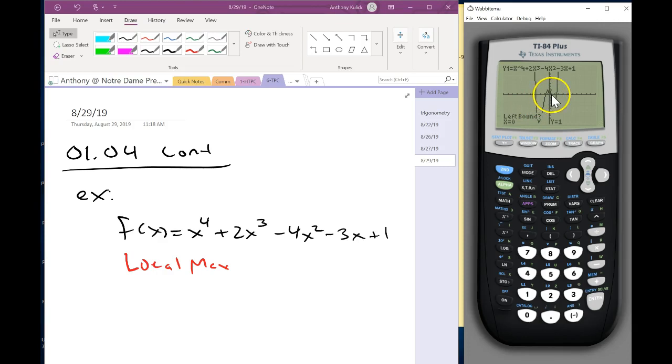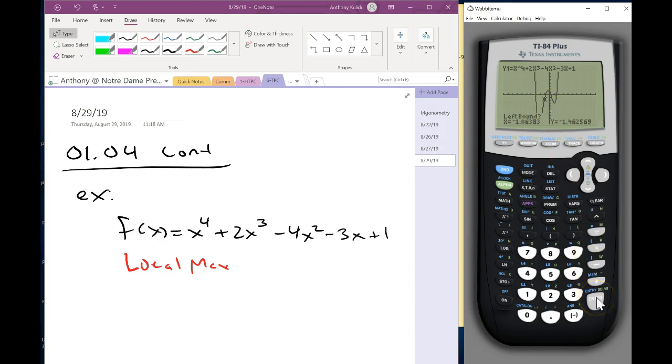You see my cursor has popped up here right where my arrow is. There's a little flashing cursor. It's kind of hard to see. I'm just going to use the left arrows to move that so that I know it's on the left side of that maximum. So like anywhere over here is good. Doesn't really matter where it's at. You just have to make sure that it's on the left side of it.